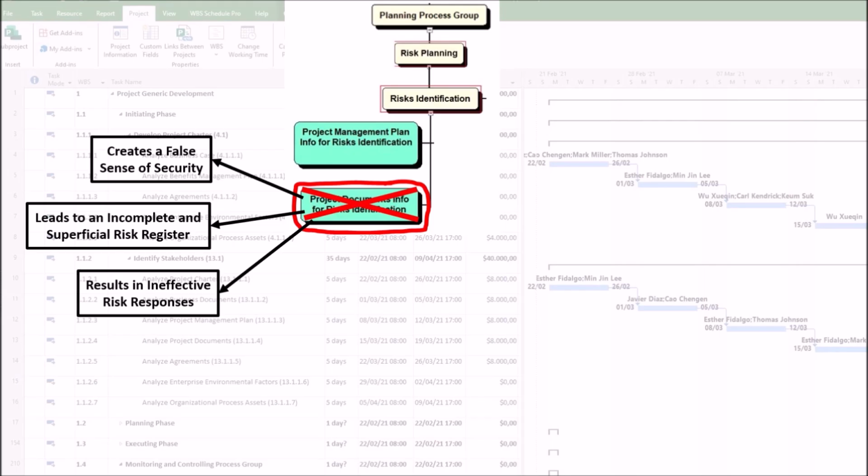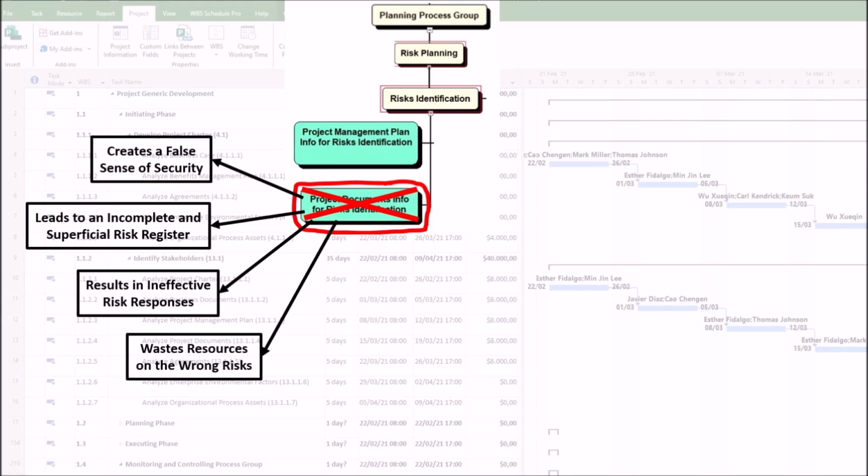For example, without a detailed analysis of the stakeholder register, the project manager fails to identify a key influencer who is secretly resistant to the project's outcome. This isn't logged as a stakeholder engagement risk. Later, that influencer blocks a critical approval, causing significant delays, a risk that could have been mitigated with early, targeted communication.